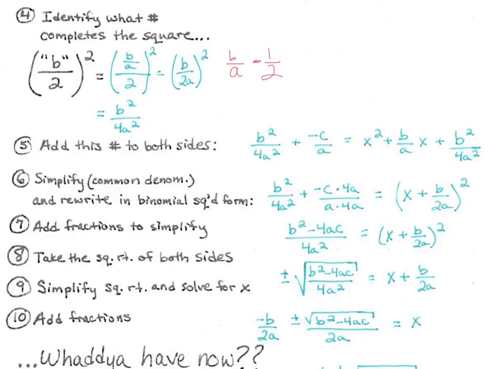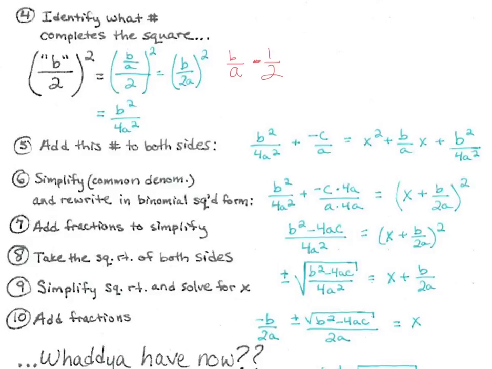Then in step 6, we're simplifying the left-hand side by getting a common denominator between these two fractions. With a denominator of 4a squared and a, we're going to adjust this fraction, negative c over a, by multiplying its numerator and denominator by 4a, and then we get 4a squared.